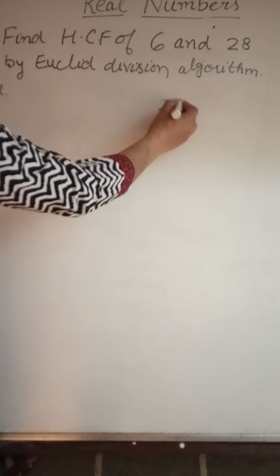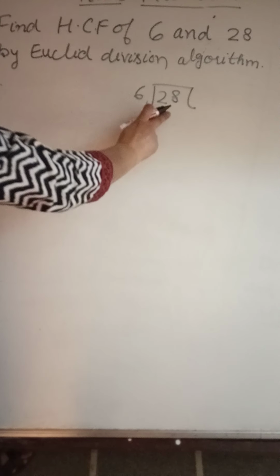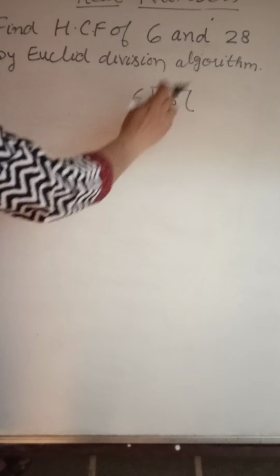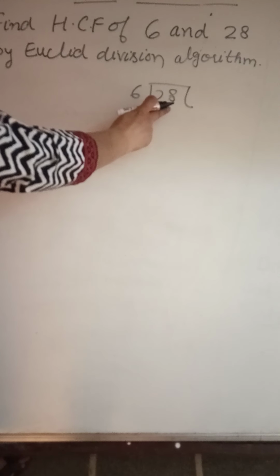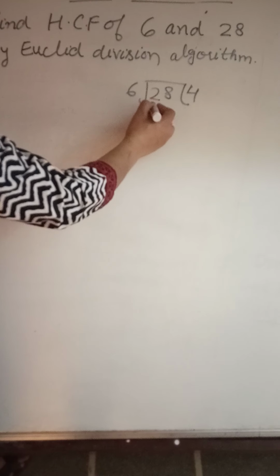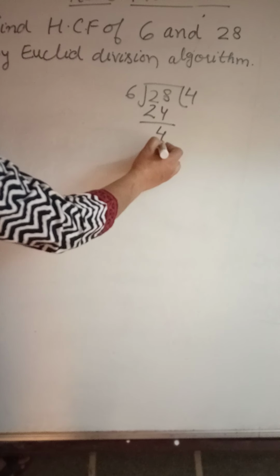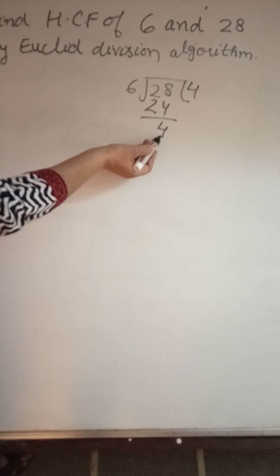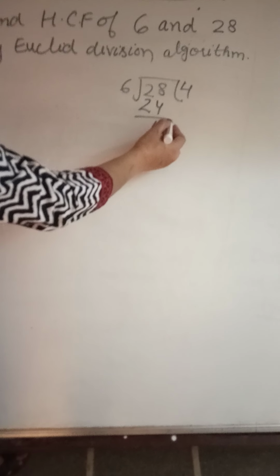Same way, first of all, divide 28, the bigger number, inside. So, bigger number with small number. Divide 28 with 6. 6 4s are 24. 4 comes as remainder. Now, this remainder is smaller than this divisor, so we can't continue.